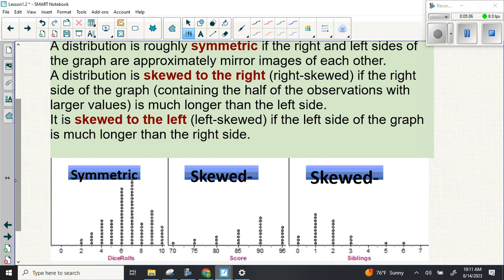For all of this, we're describing the shape of your distribution. If it's roughly symmetric, you'll see that it has a mound shape with one high point trailing off the end.